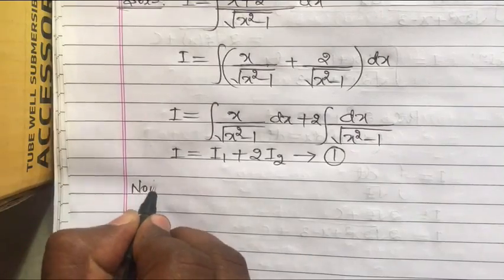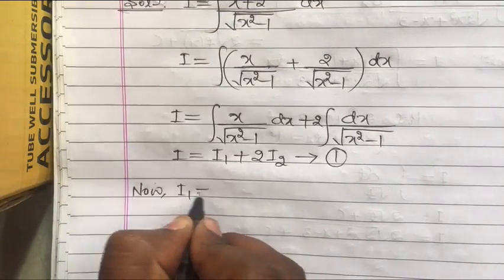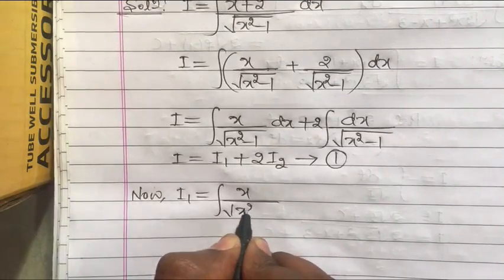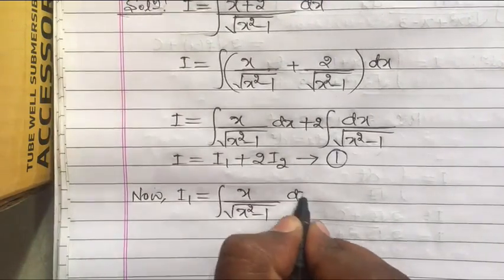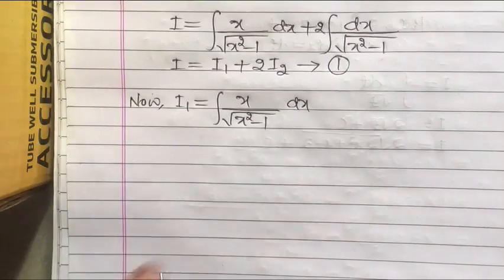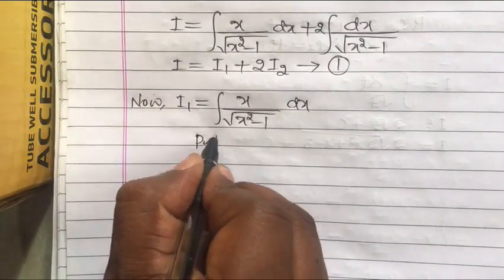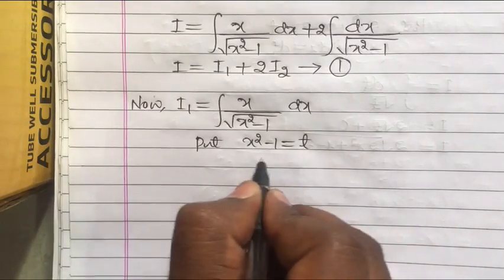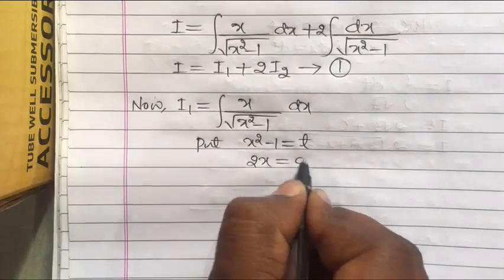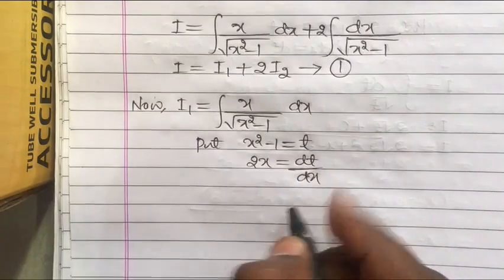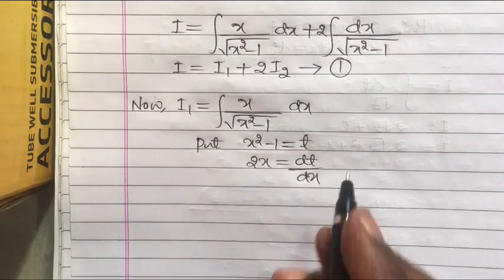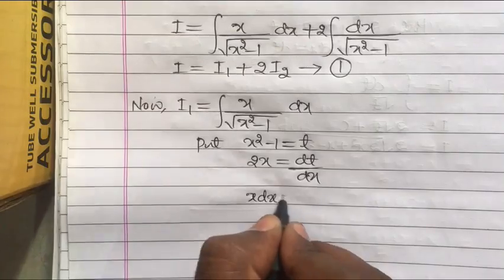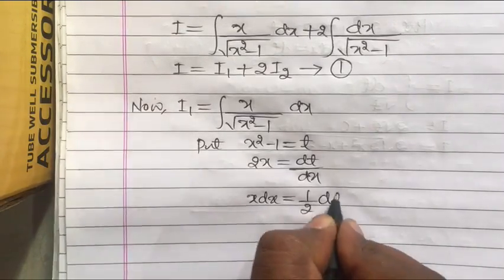So now I1 is equal to integral x divided by square root of x square minus 1 dx. So here I take the denominator as t. Put x square minus 1 equal to t. Differentiate both sides now. We get 2x equal to dt by dx. But here we need only x dx. I take 2 to the RHS now and dx to the LHS. x dx is equal to 1 by 2 dt.